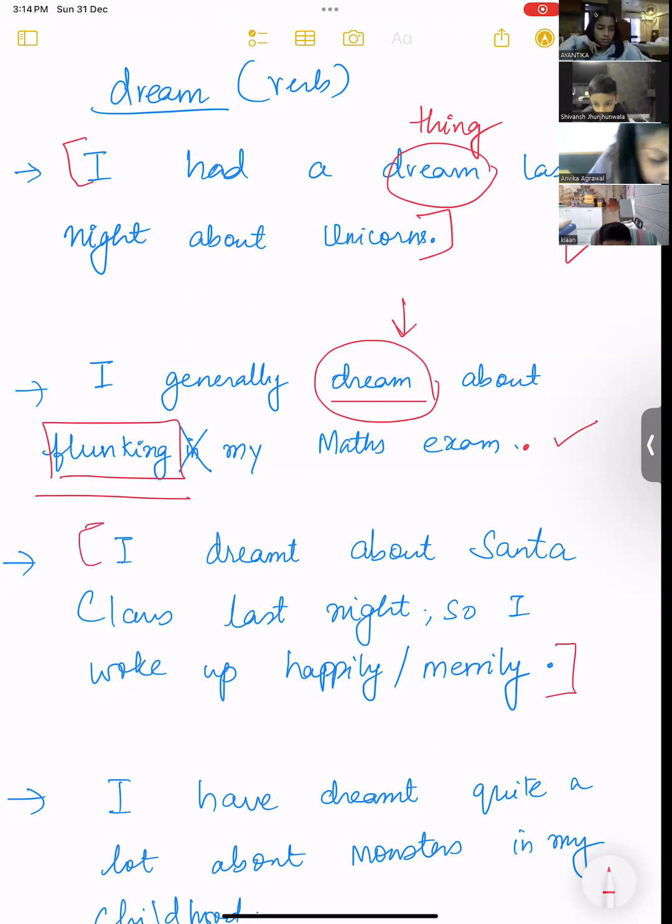Next is Ayantika. I dreamt about Santa Claus last night, so I woke up happily or merrily. Firstly, I want you to edit this sentence. My sentence is starting with a pronoun, and we often don't appreciate a sentence beginning with a pronoun. How can you edit this sentence, Ayantika? You can start it with your name, or you can start it with the time, like last night.